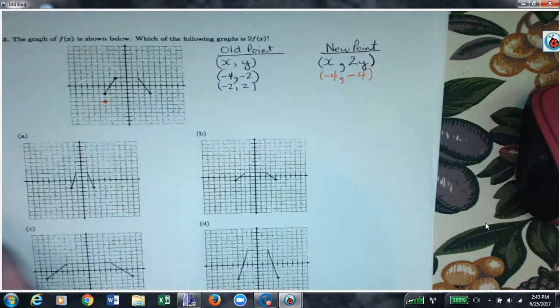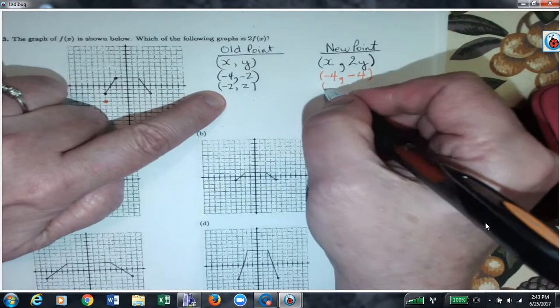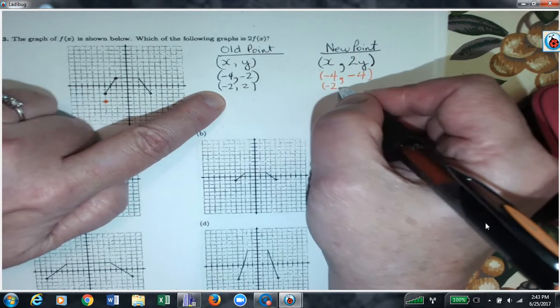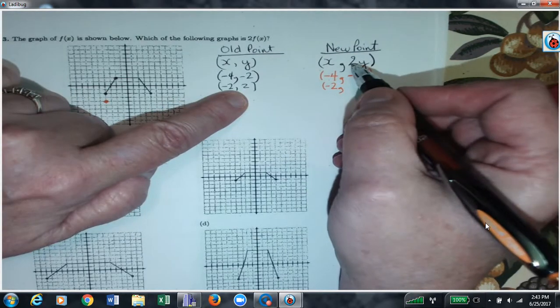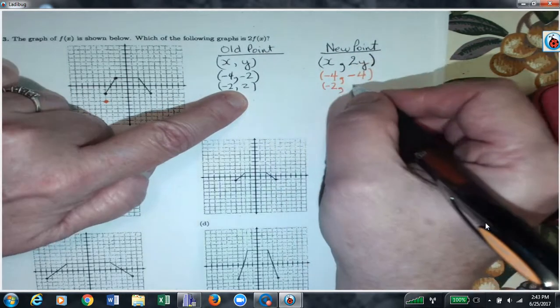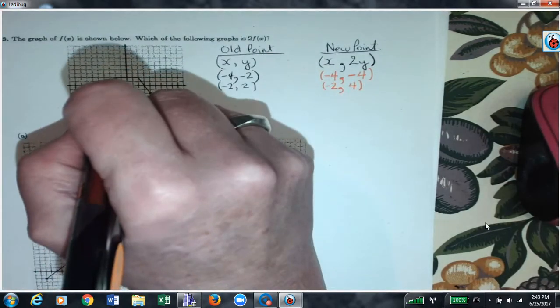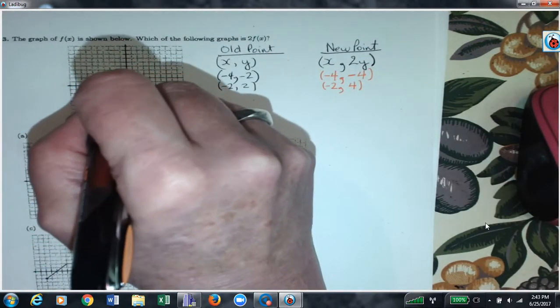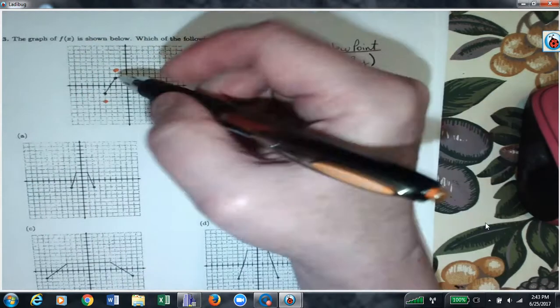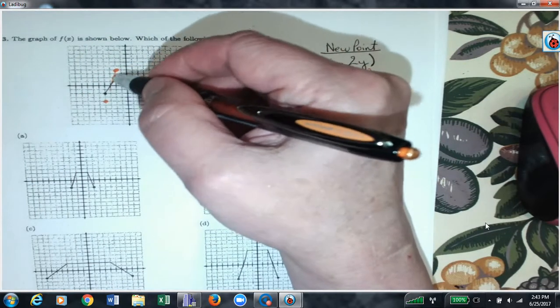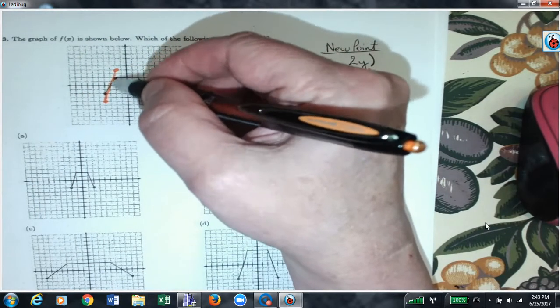So what's the new point going to be? The same x coordinate, but the new y coordinate will be 2 times the old y coordinate. So -2, comma 4. There's the new point, and so I'm going to draw a line between those.